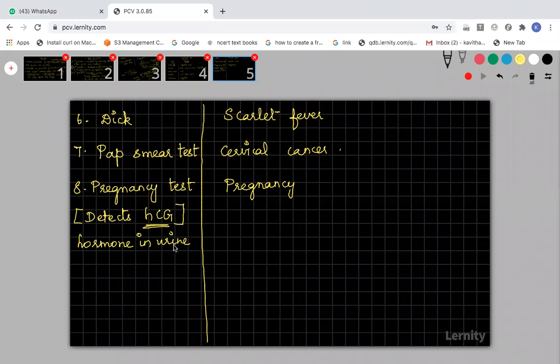Okay, so it will be present in the urine. Actually, it is not a disease, but I just want to tell you this. So to check whether the female is pregnant or not, they will do this pregnancy test. Yeah, enough. So these are the important tests that are carried out for diagnosing the disease or disorder or symptom or something. Okay.